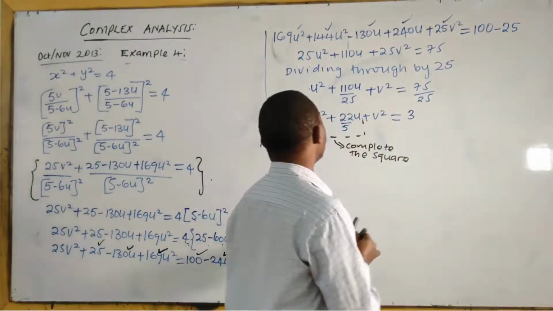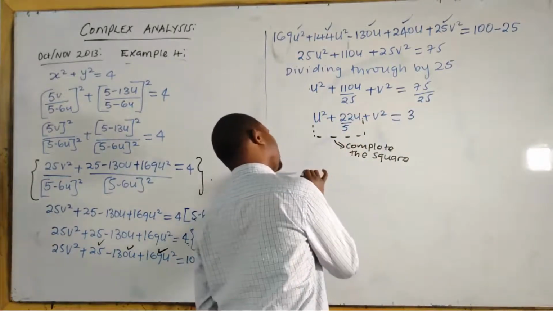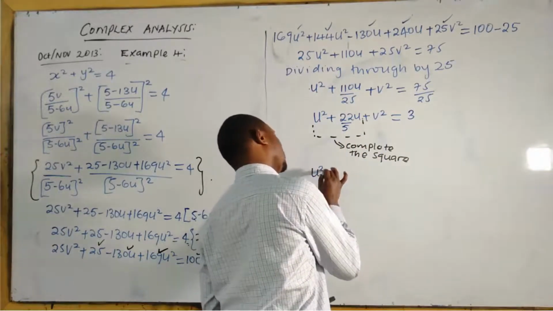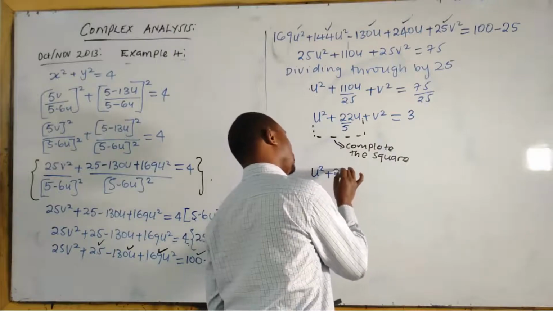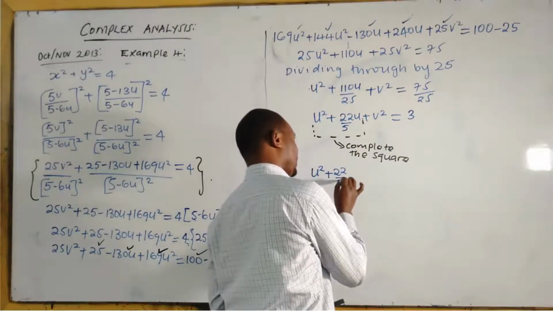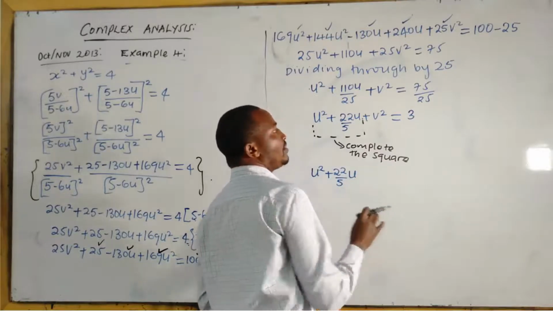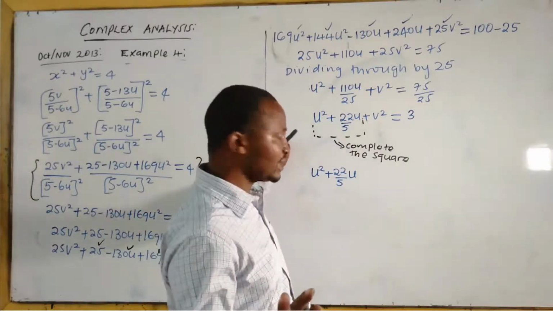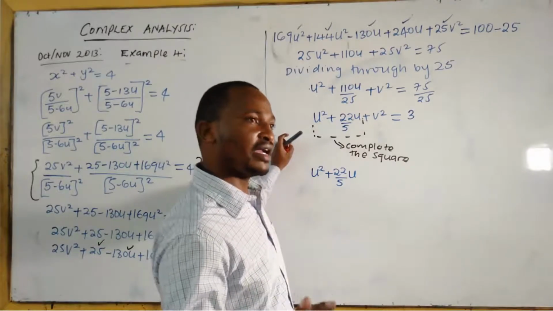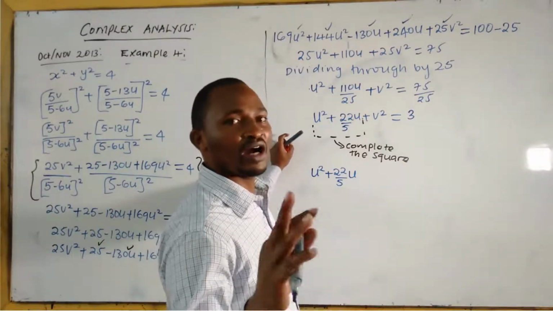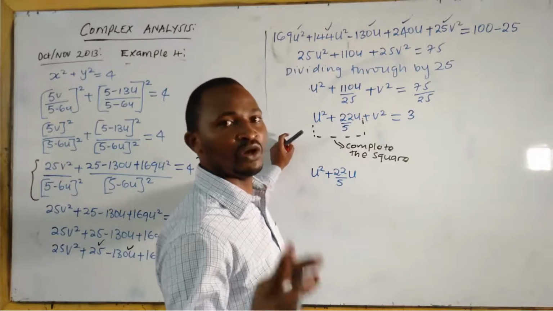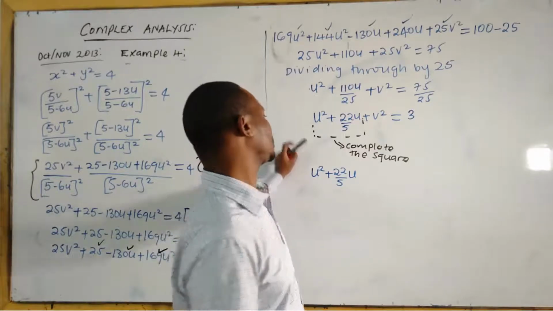So now we say it is u squared plus 22 over 5u. Add the square of half the coefficient of u on both sides of the equation.